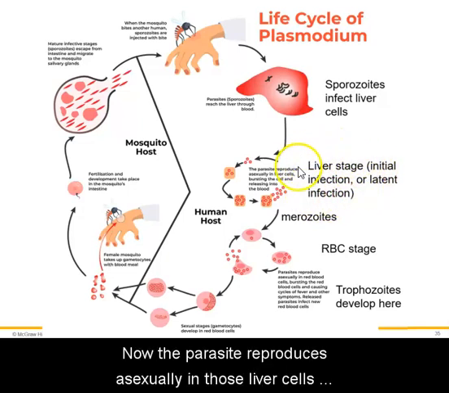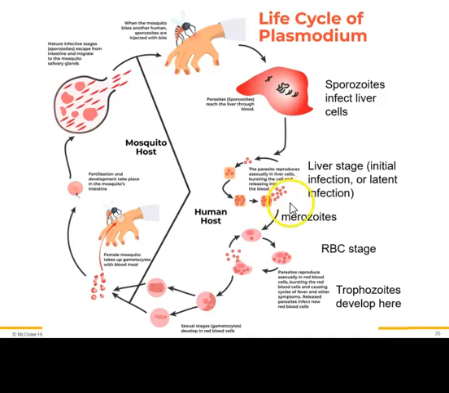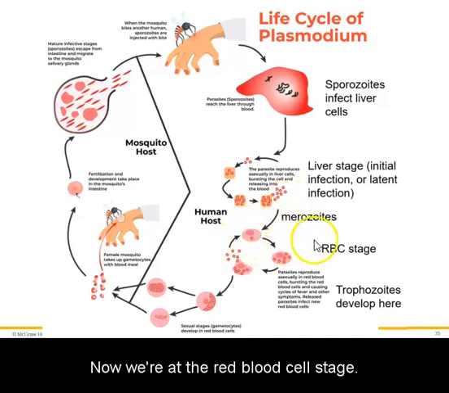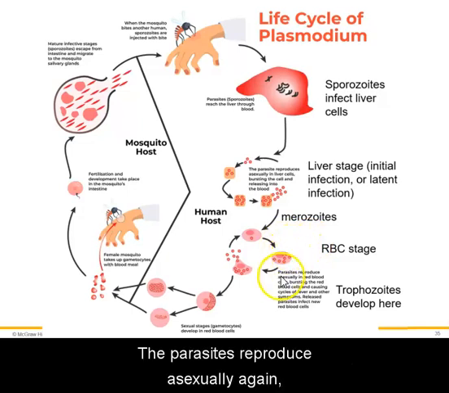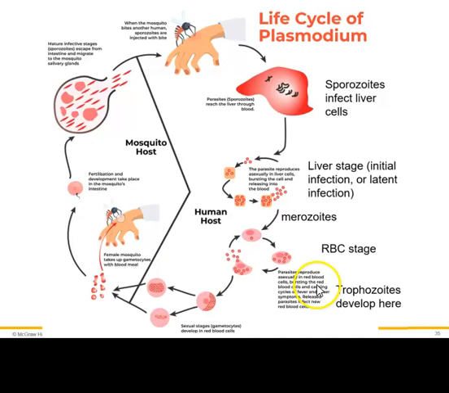Now the parasite reproduces asexually in those liver cells, bursting the cell and releasing merozoites into the blood. These merozoites go on to infect red blood cells. Now we're at the red blood cell stage. The parasites reproduce asexually again, remember, because this is in us, so we're the asexual stage.